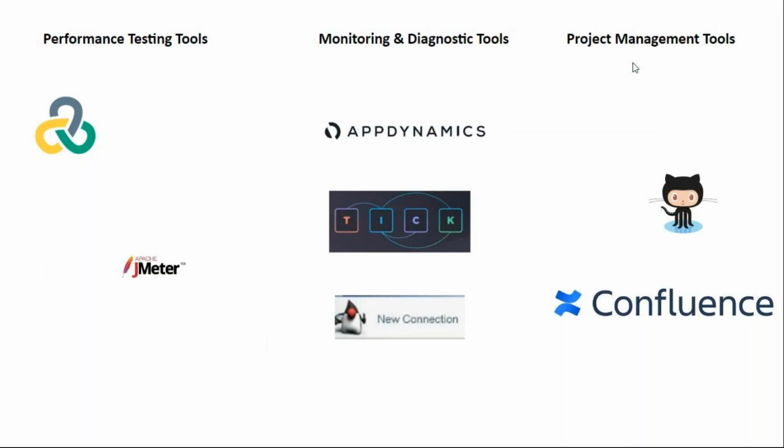Similarly, from an application monitoring perspective, there are two leaders. One is AppDynamics, the second is Dynatrace. There are multiple others catching up, like New Relic, but AppDynamics and Dynatrace are definitely the top two.